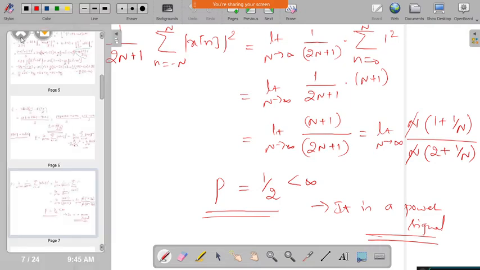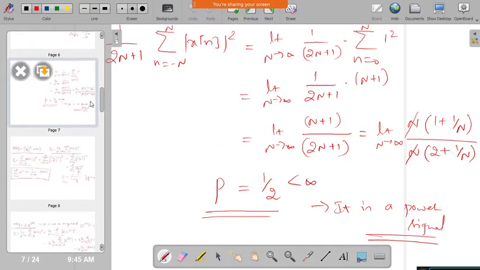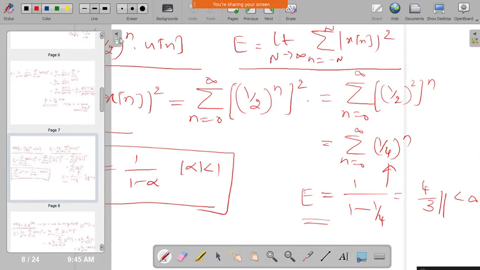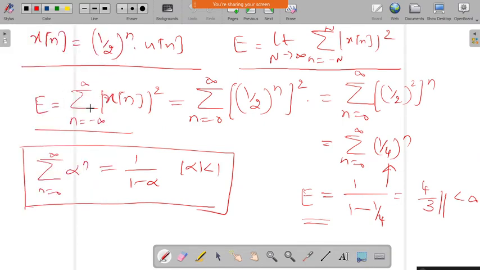Okay, sir. So that you need to take care. Whenever you are finding out the energy, you can take this expression minus infinity to plus infinity, but where the limits are given for that particular problem, you have to see from where to where we have to take, like that.